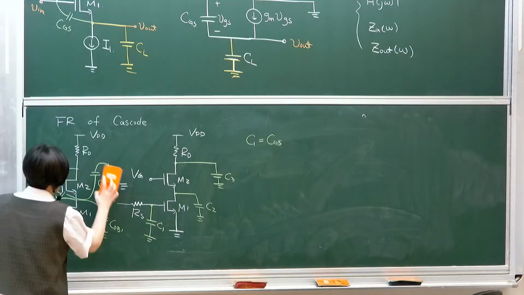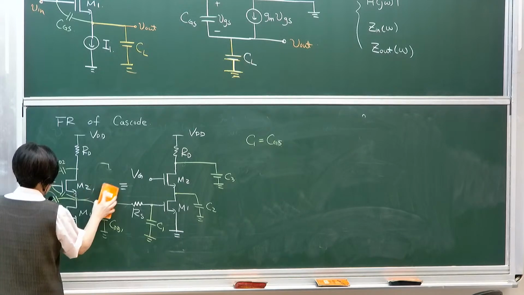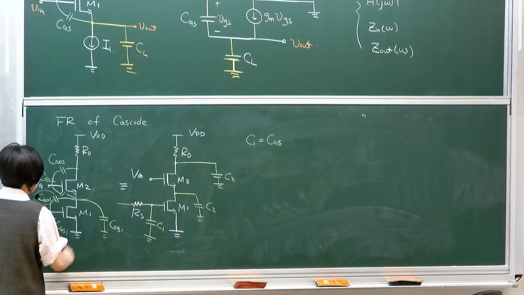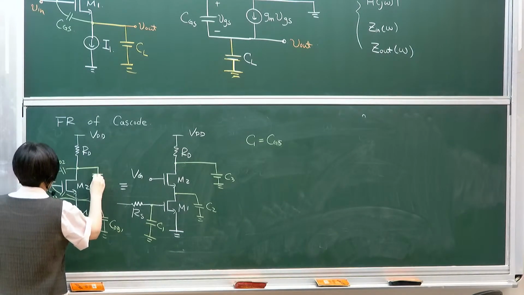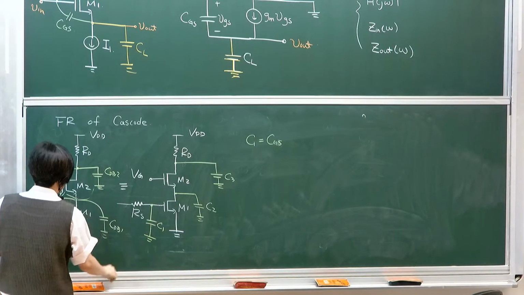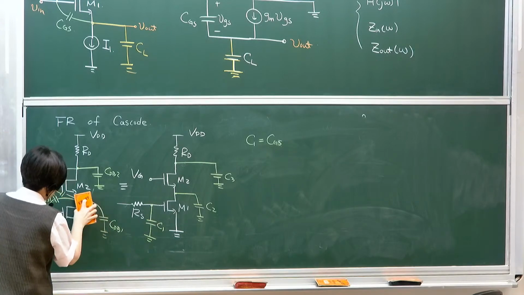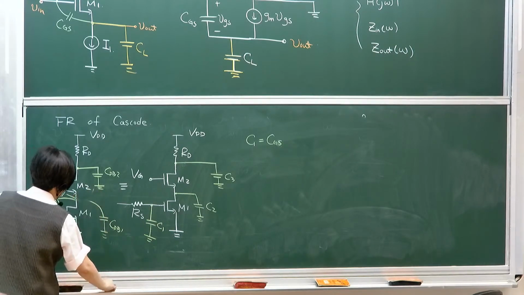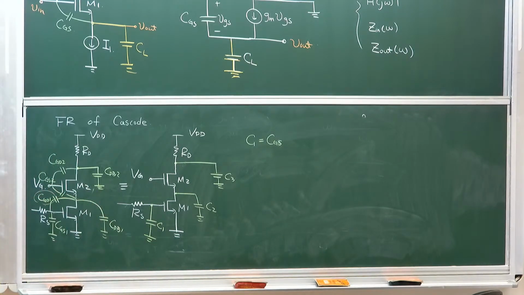Sorry, I misconnected this. Here, CDB2. Okay? So these are the capacitances I'm going to separate into 3 nodes.